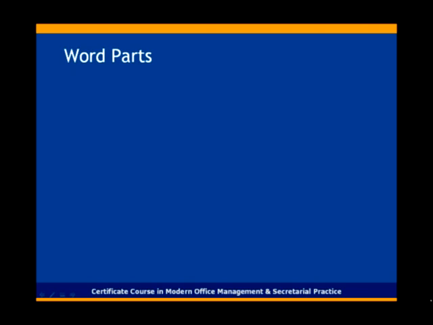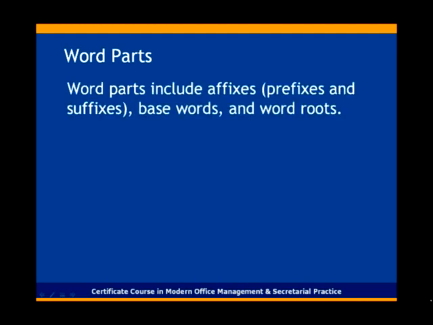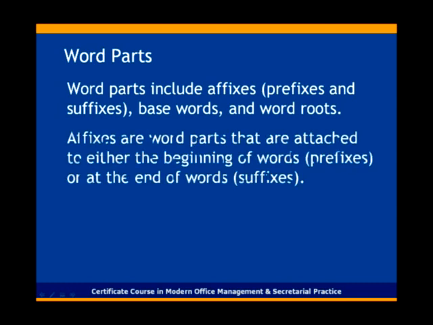Word parts include affixes, which include prefixes and suffixes, base words, and word roots. Affixes are word parts that are attached to either the beginning of words, which are prefixes, or at the end of words, which are suffixes.